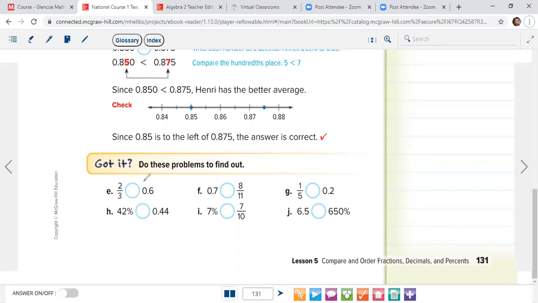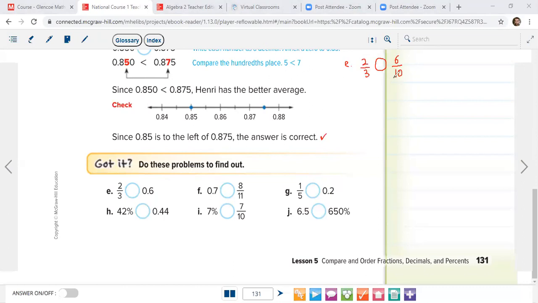So let's talk about problem E, for example. I'll take problem E right now. Problem E is 2 over 3 and 0.6. So I will keep the 2 over 3. And we all know that 0.6 can be written as 6 over 10. So now we can make them common denominator.